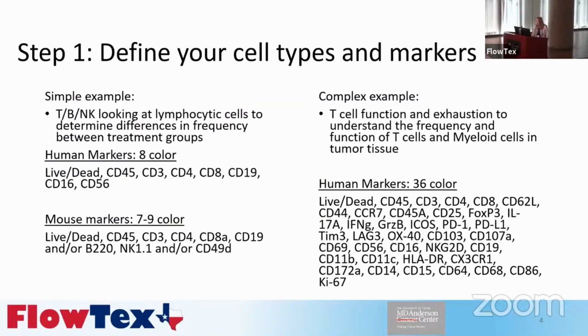Okay, so step 1 of panel design, regardless of what it is, is to think about what your cell types and markers that you're interested in are. So I'm giving you a couple of examples here. One is a pretty simple 8-color panel that would look at T, B, and NK lymphocytes, trying to determine just differences in frequency between these, between treatment groups, maybe cancer patients who have had different treatments, or you could do something similar in mouse.